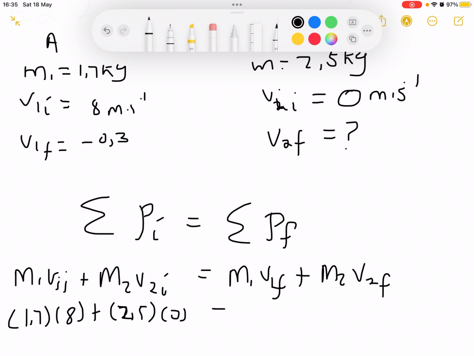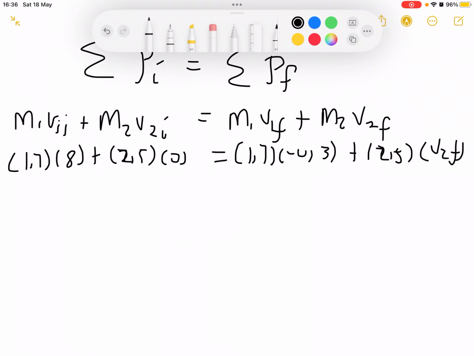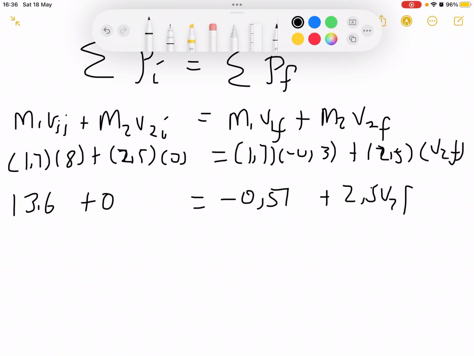Then we substitute, and this is 1.7 times 8 plus 2.5 times 0, which is equal to 1.7 times negative 0.3 plus 2.5 multiplied by V2 final. And then we're going to get 13.6 plus 0, which is equal to negative 0.51 plus 2.5 V2 final.